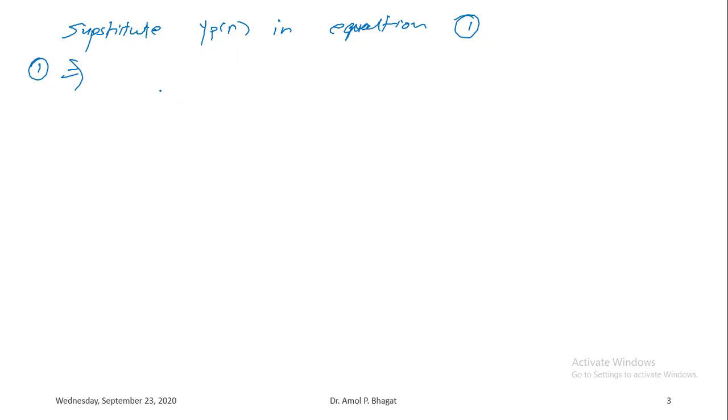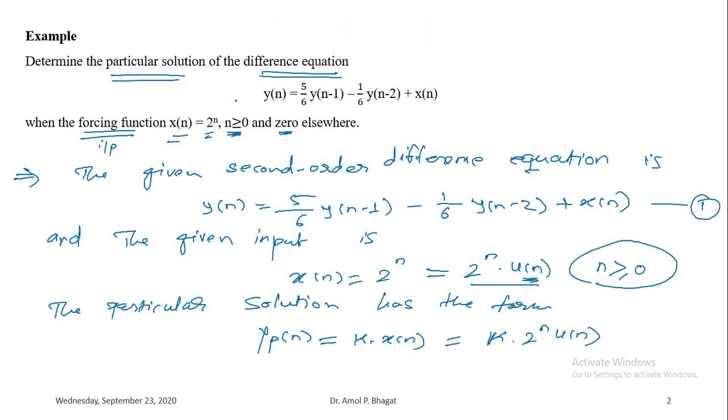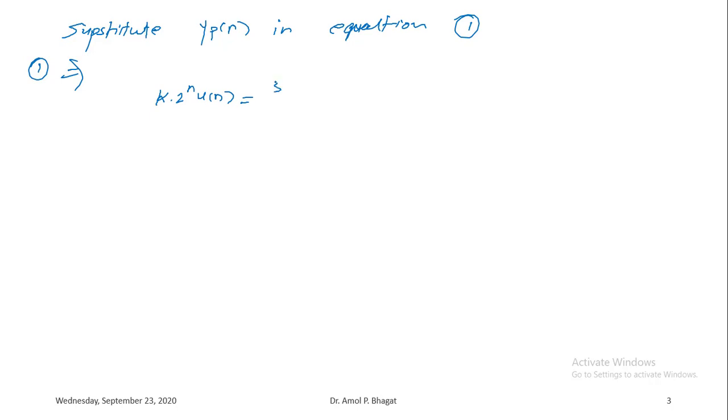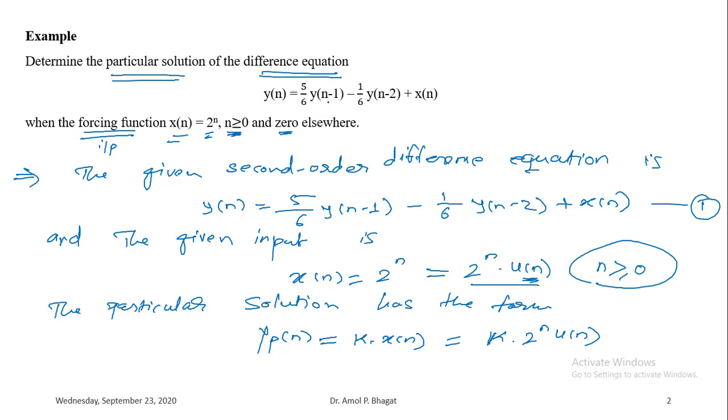So k into 2 raised to power n u of n is equal to, in place of 5 by 6 y of n minus 1, it will be 5 by 6 k into 2 raised to power n minus 1 u of n minus 1, because there is y of n minus 1.